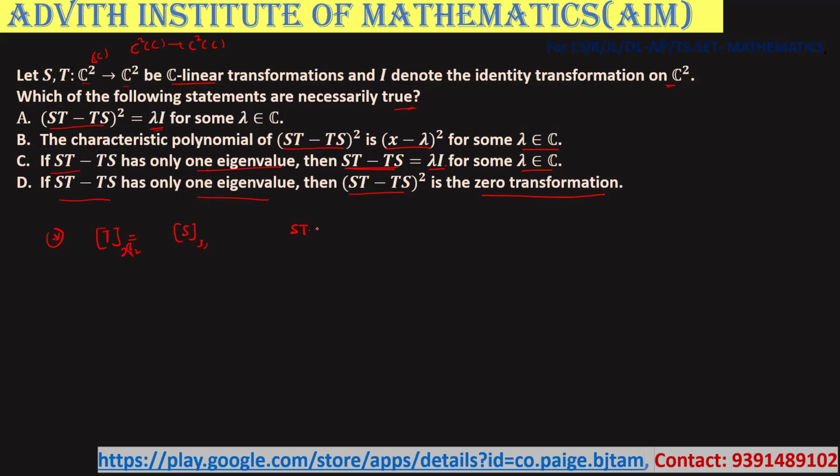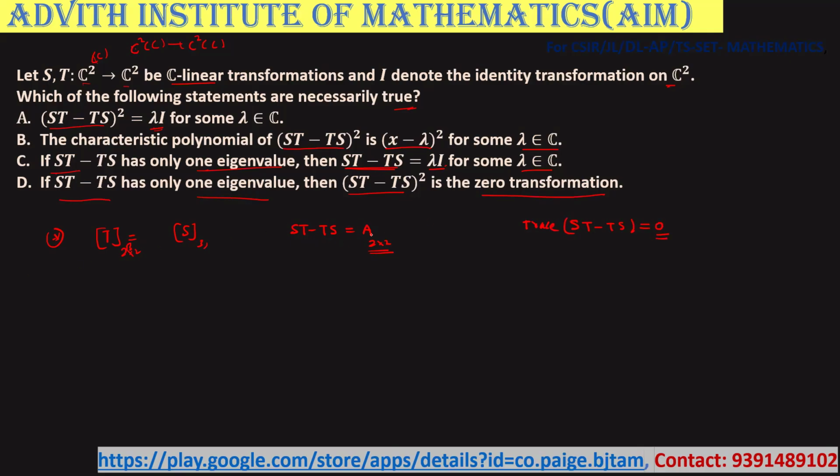So ST minus TS is also a 2 by 2 matrix. The trace of the commutator ST minus TS is always equal to 0.